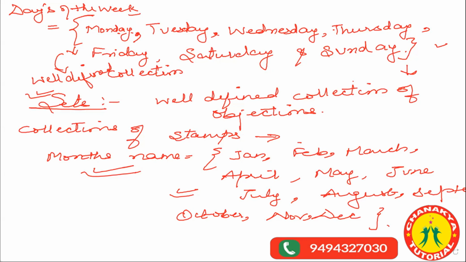What do you mean by set? Ma'am, a well-defined collection. Yes, a well-defined collection of elements or objects. Vedika, have you understood? Yes, ma'am. May I proceed to next? Yes.